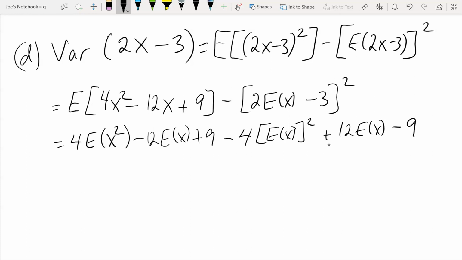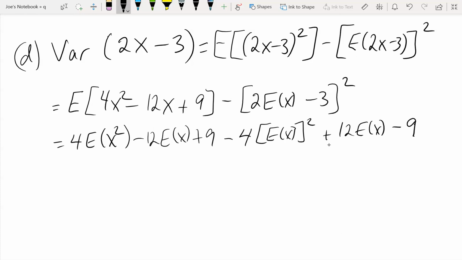One of the reasons I didn't bother putting in the numbers for the expected value of x is because I wanted you to notice something. When you FOIL out the 2x minus 3 in here, you get a minus 12 in the middle, and then the minus 12 pops out in front of the expected value. The exact same thing happens here when you FOIL it out, so you get the exact opposite signs on your expected value. That cancels.